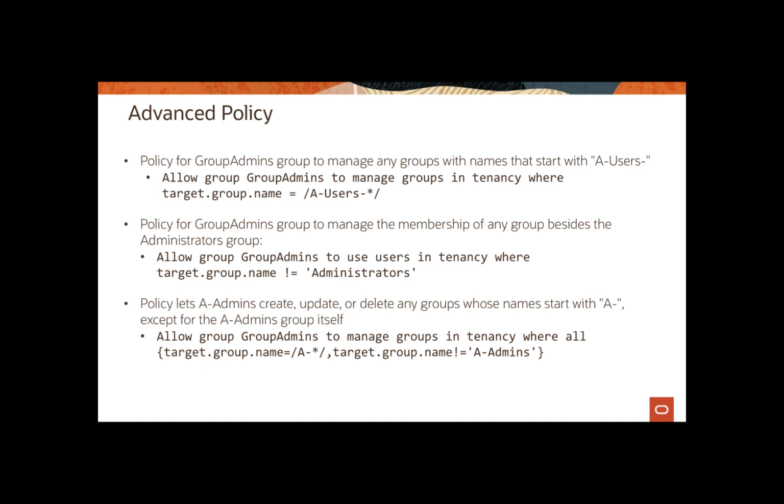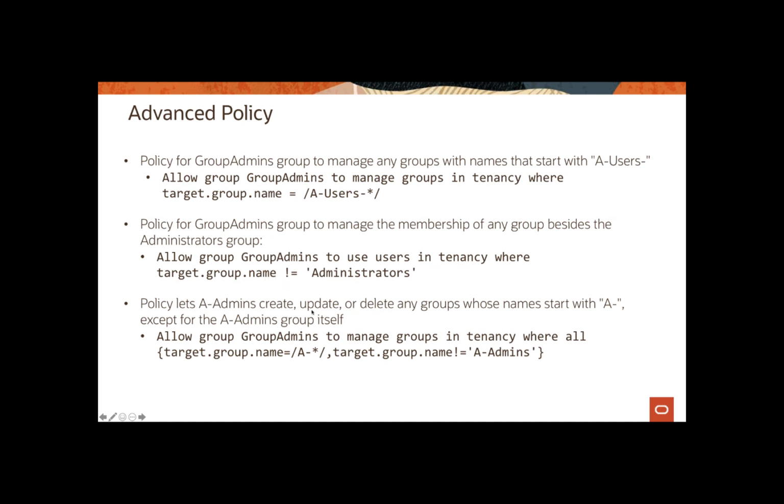The second example shows allow the group admins to manage the membership of any groups besides the administrators group. So in this case, the target.group.name variable and the value is with not equal to administrator. So anything except administrator would be true for this particular condition.